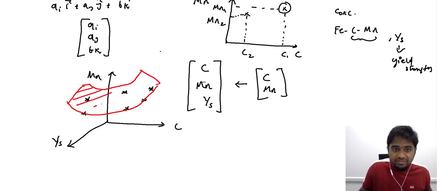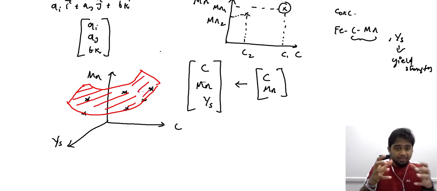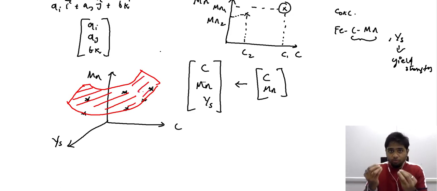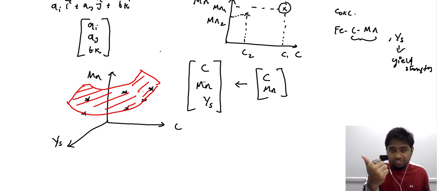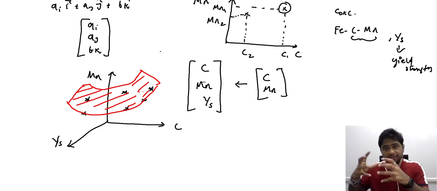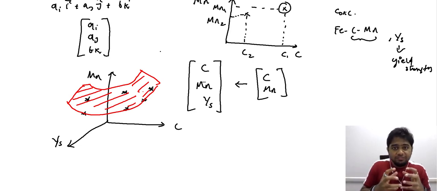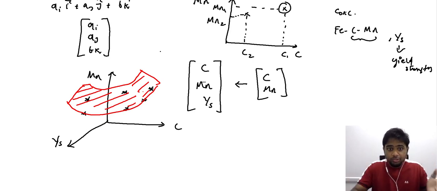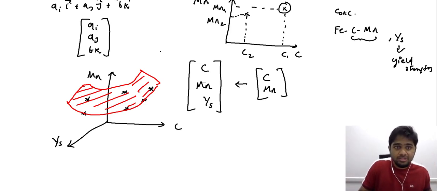So what we have here is a three-dimensional space, and in this space we have definite points, and each of these points includes both concentration and yield strength of different ternary alloys. Using these known points, we have fitted a surface, a two-dimensional surface. The red line is a two-dimensional plane or a two-dimensional surface.